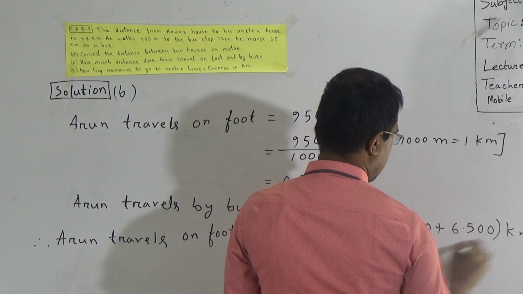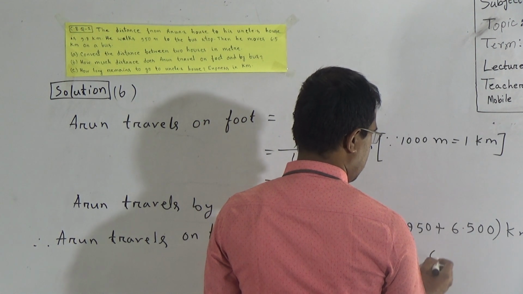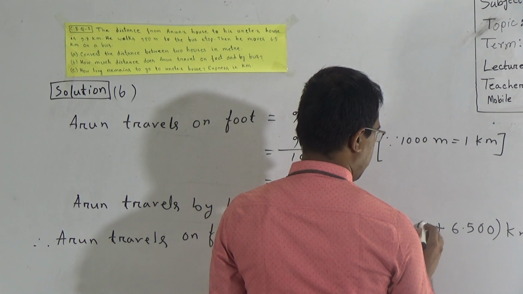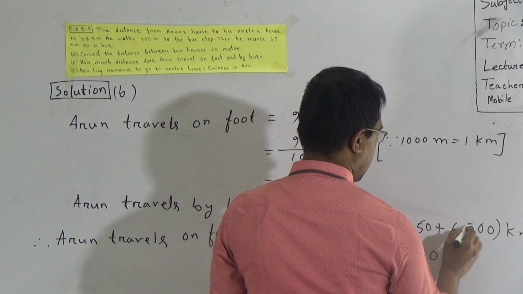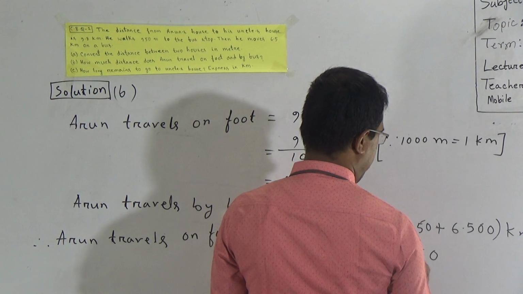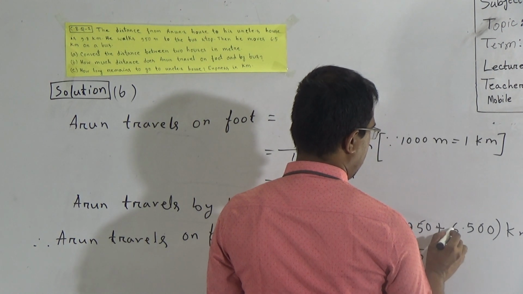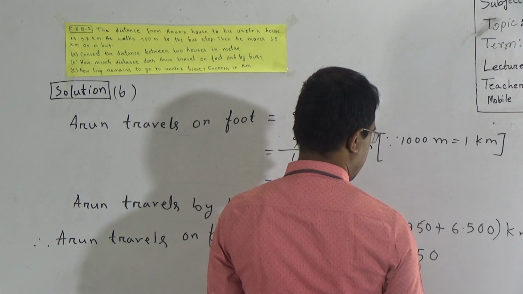Kilometer. Now if we add, then it will be 0 plus 0 equal to 0, 0 plus 5 equal to 5, and 5 plus 9 is equal to 14. From 14 we will write 4, carrying 1 plus 6 is equal to 7.